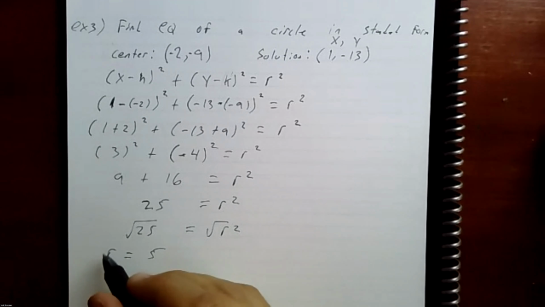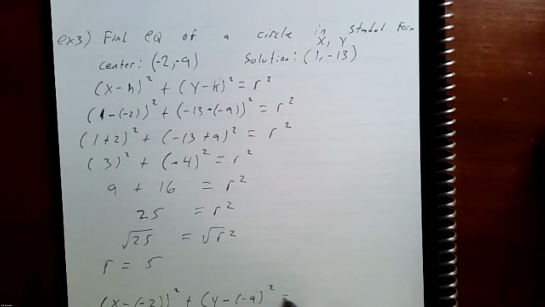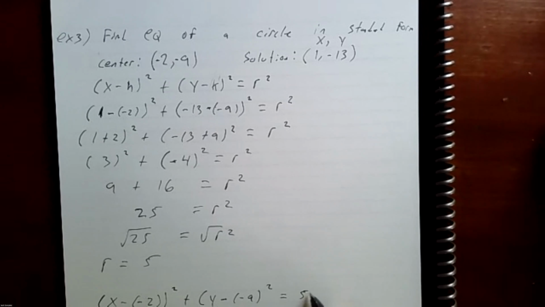So I got my radius. So now I can answer the question. Center at x minus a -2. X minus a -2 plus y minus a -9 equal to the radius squared.